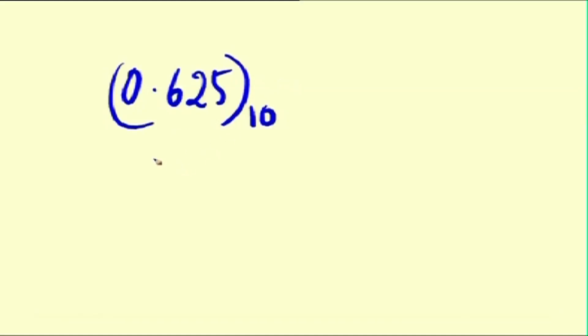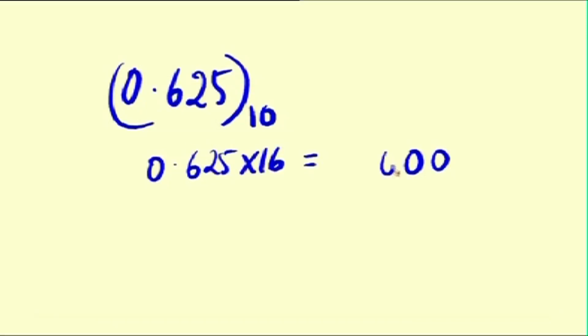First I will multiply 0.625 into 16. What do I get from this? I will be getting 0, because 16 nines are 80, I will get 8 here. I will get 40 because 16 twos are 32 and 8 will be 40, carry 4, and 16 sixes are 96 and 4 will give me 100. So, you see what I am getting is 10.0000. So, the carry here is 10.